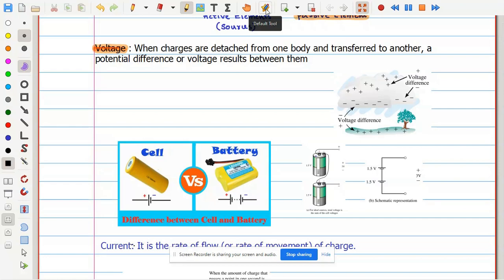And this voltage you can understand with the help of nature. When clouds are formed, due to turbulence inside the cloud, particles impinge on one another, which creates charge.